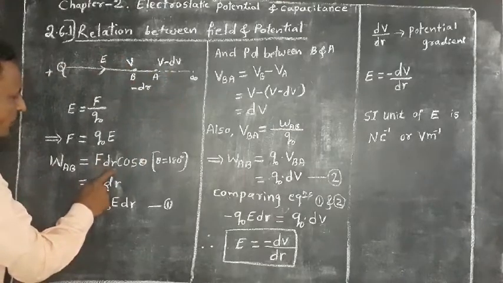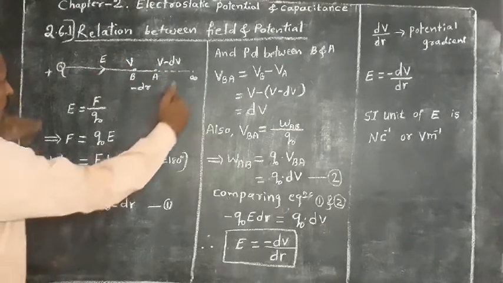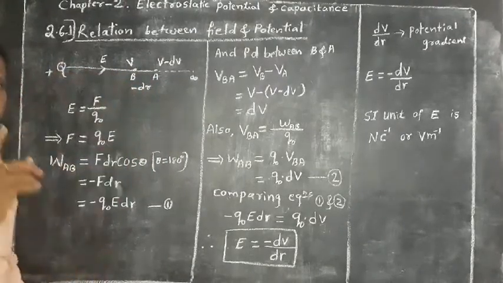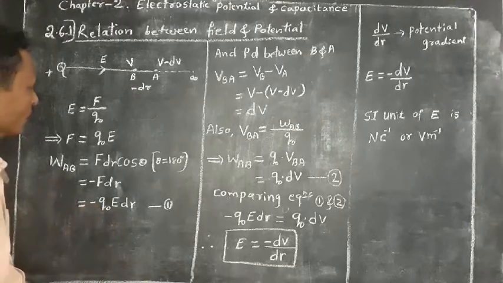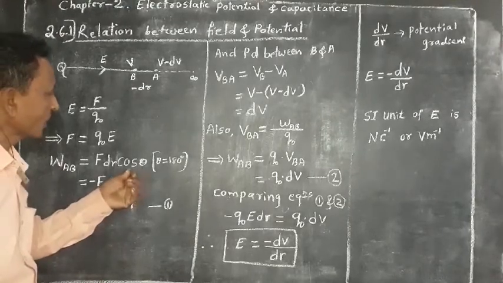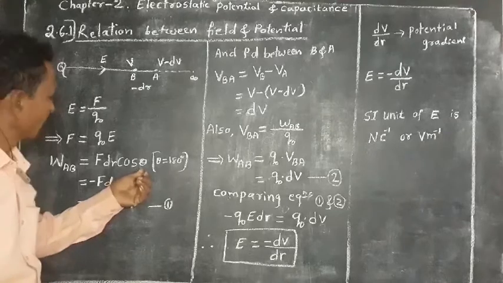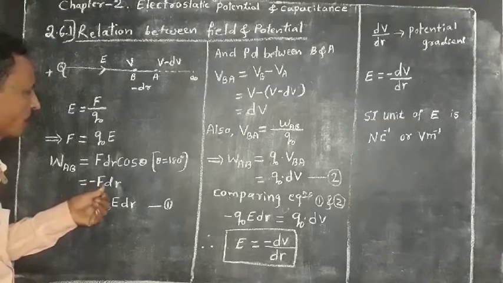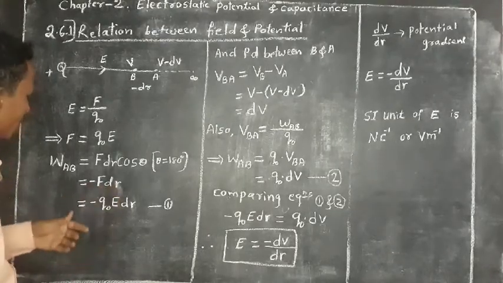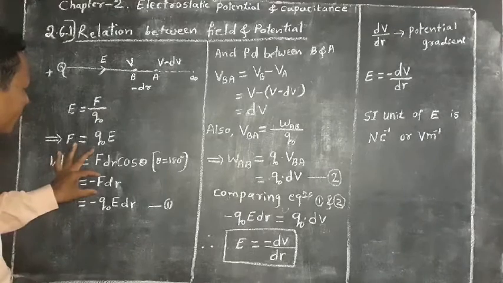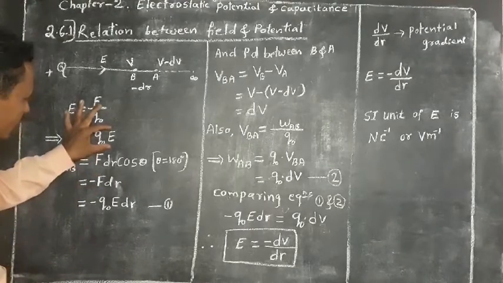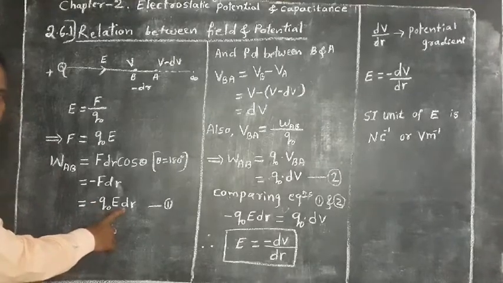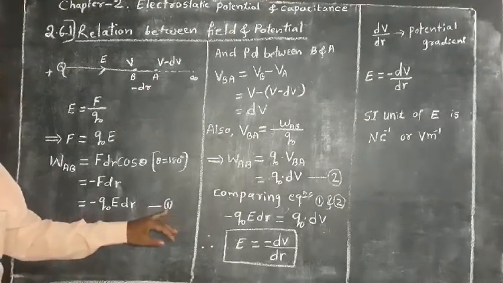They are in opposite direction, therefore the angle between them is 180 degrees. If theta equal to 180 degrees, then cos theta equal to minus 1. Therefore, WAB is equal to minus F into dr. But F equal to Q naught into E. Substituting this value, WAB equals minus Q naught into E into dr. Consider this as equation 1.